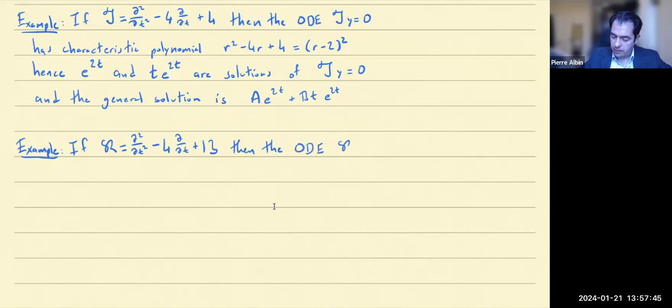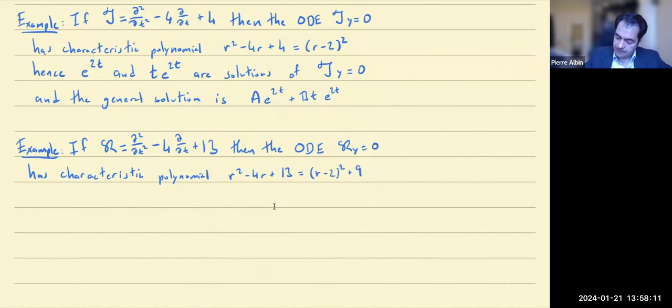And the ODE R of y equal to 0 has characteristic polynomial r squared minus 4r plus 13, which we could write as r minus 2 squared plus 9. And then if we introduce complex numbers, that's the difference of squares. So you'd have r minus 2 minus 3i times r minus 2 plus 3i.